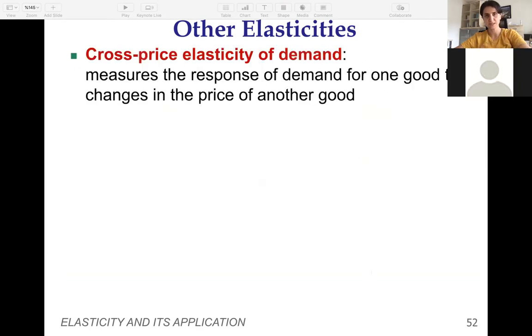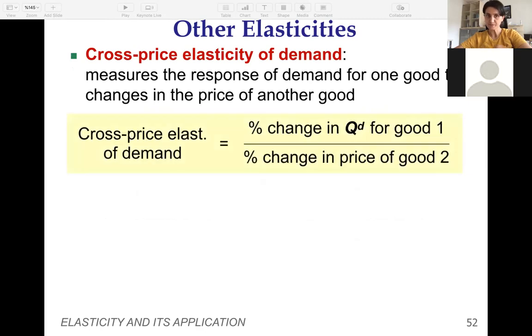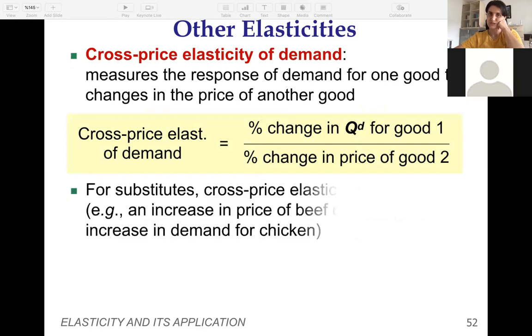Other elasticities: cross price elasticity of demand measures the response of demand for one good to changes in the price of the other good. So in the denominator you have the percentage change in the price of good 2, and in the numerator the percentage change in QD for good 1. For substitutes, cross price elasticity will be bigger than 0, because an increase in price of beef causes an increase in demand for chicken.